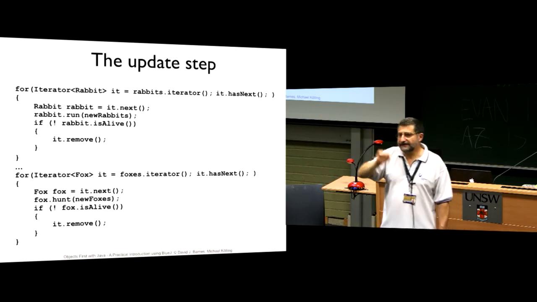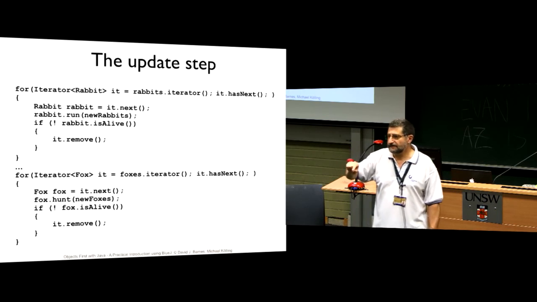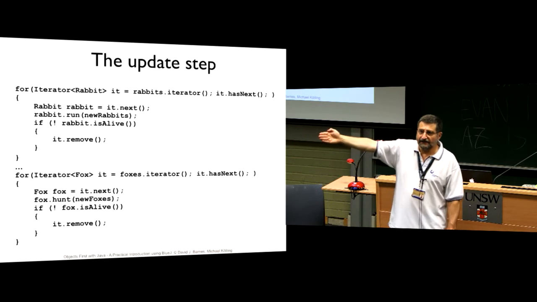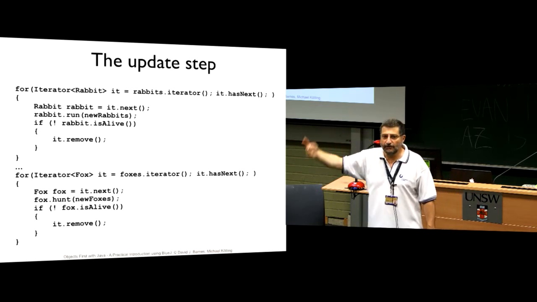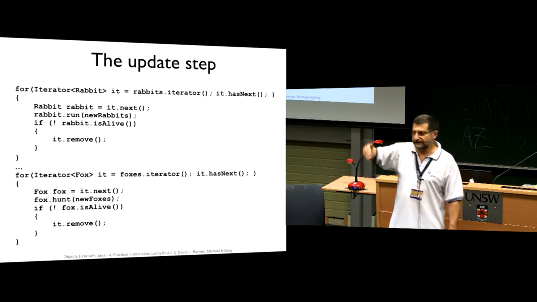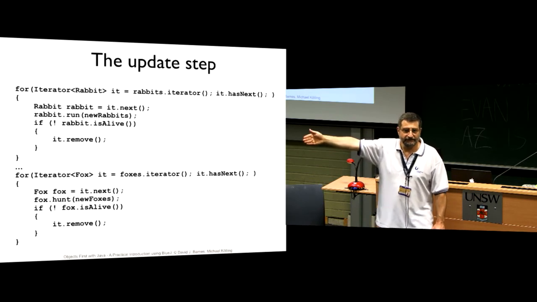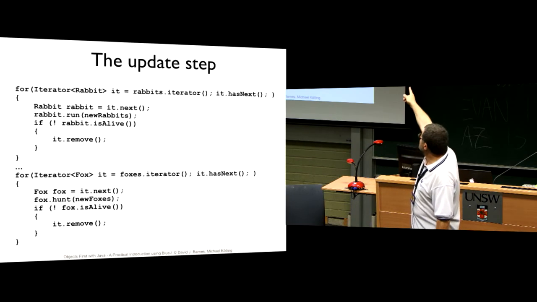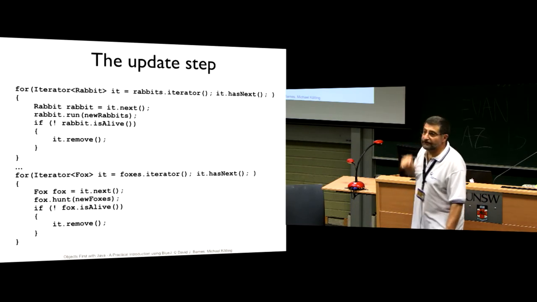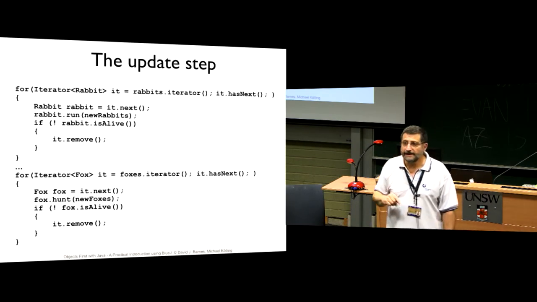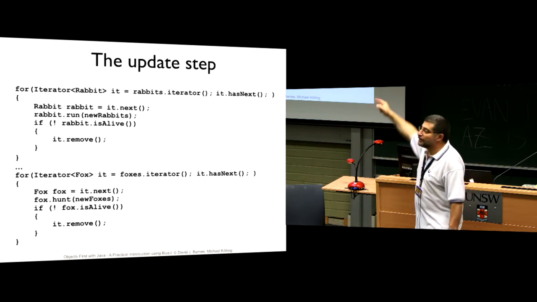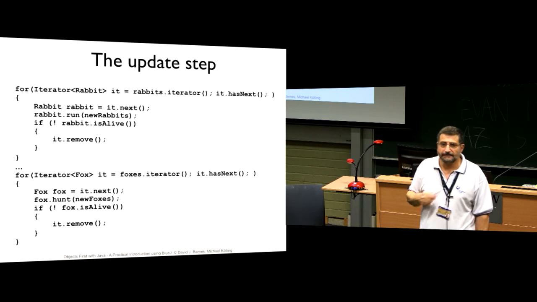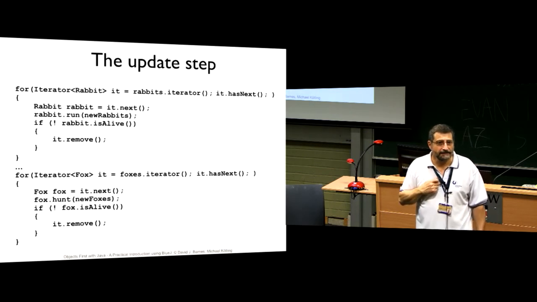It's returning the next element in the list, and it's also advancing the pointer in the list, if you like, so that the next time you call next, it's the one following. So the reason we don't need the increment in the third component of the for loop is that the next in the body of the loop already does that increment for us.